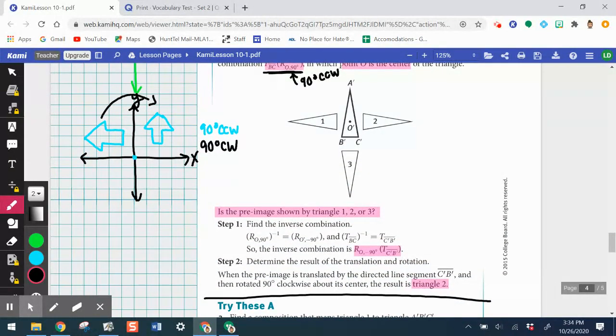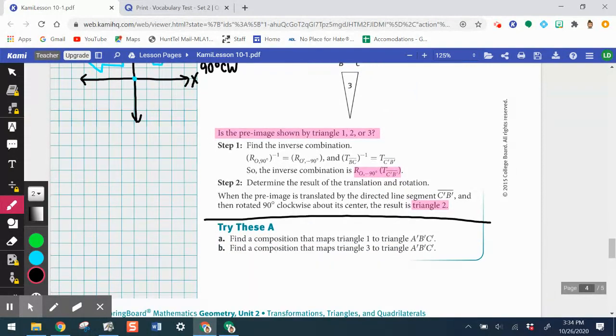So the inverse of 90 degrees is negative 90 degrees. And then our translation, using directed line segment BC, we will use directed line segment C prime B prime. Now, again, the reason it's C prime B prime is because this segment here is the image of CB. And so, again, we swapped BC because we're now going from B to C, to C to B.